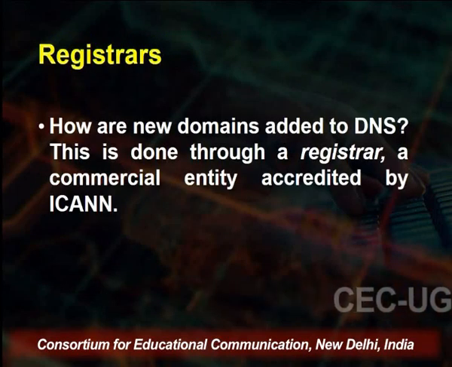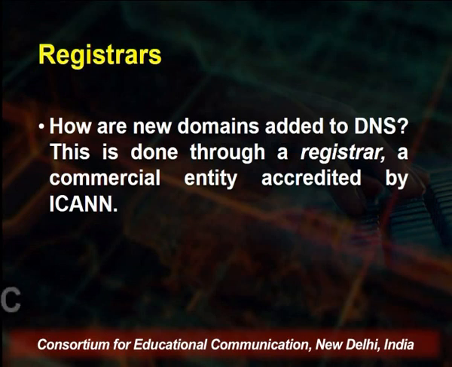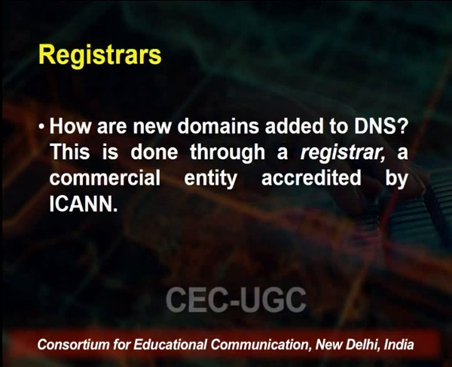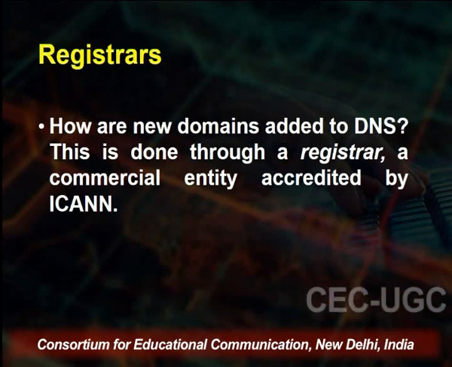Now, another important aspect is how the new domains are added, right. Like whenever somebody wants to start a new company, they have to go and get the company name registered with an agency.